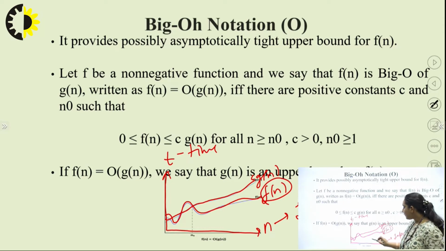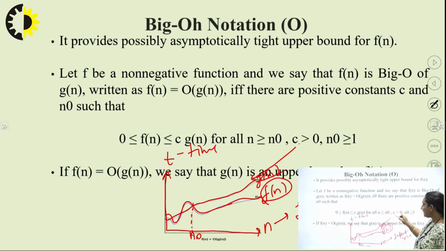What is this n naught? After this n naught, the function f of n is always below, and c g of n is always the bigger function, always going upper like this while f of n goes like this.